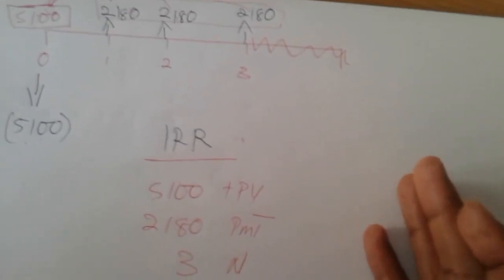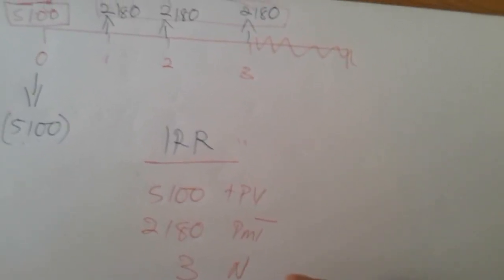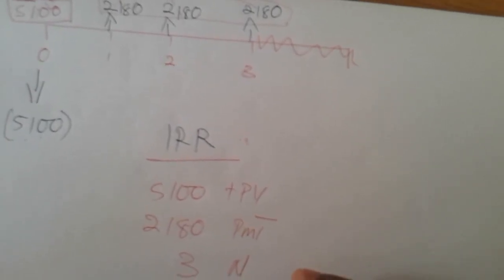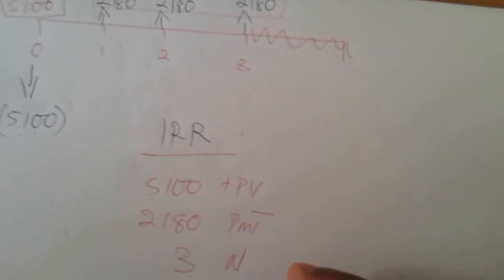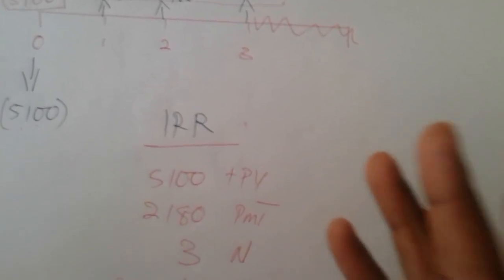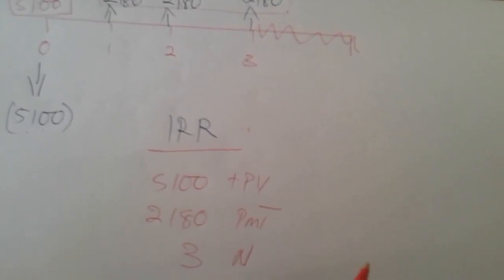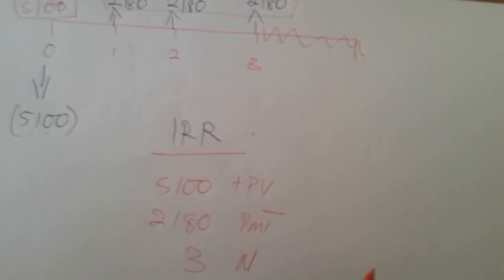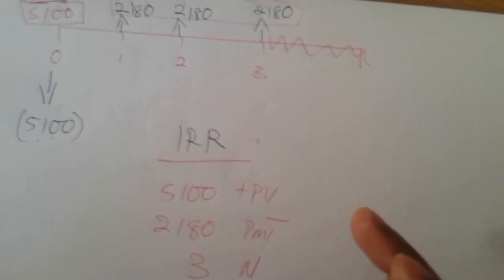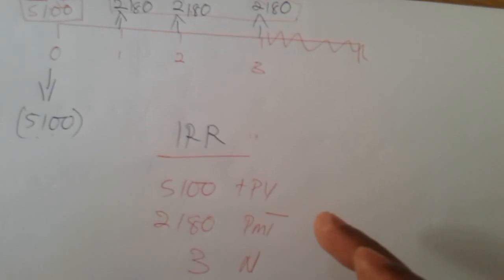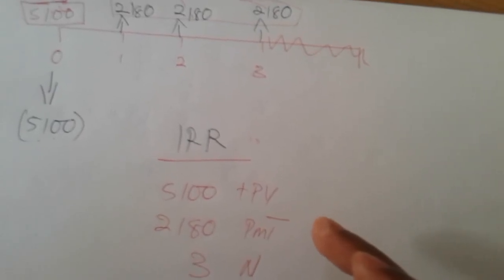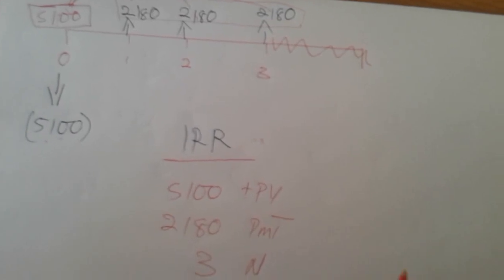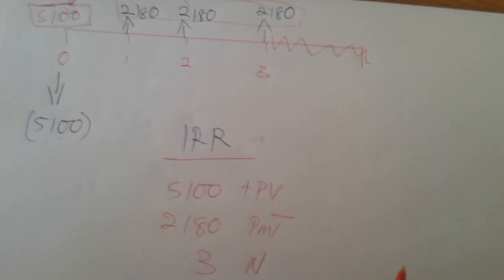Then 3 is N. And compute I. What do you get? I see now. It's because your machine has BGN. We are not dealing with an annuity due. Now compute I. What do you get? 13.5.